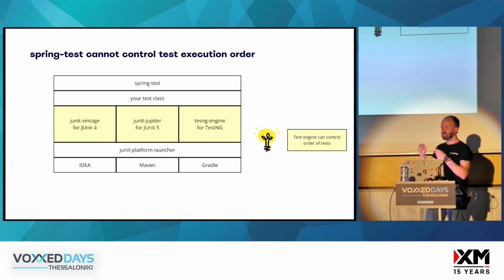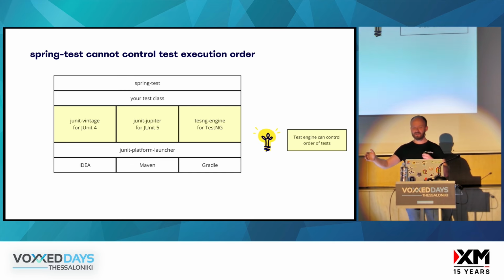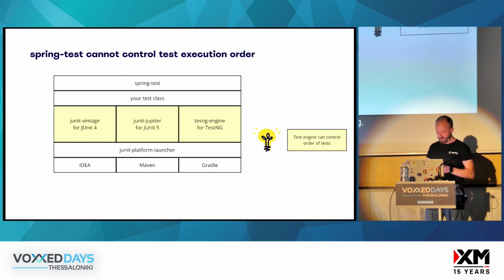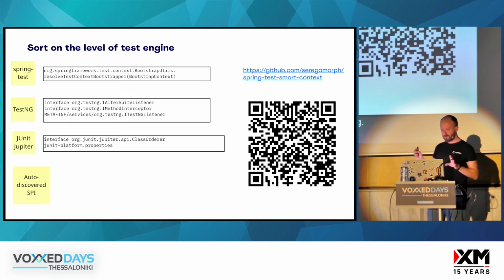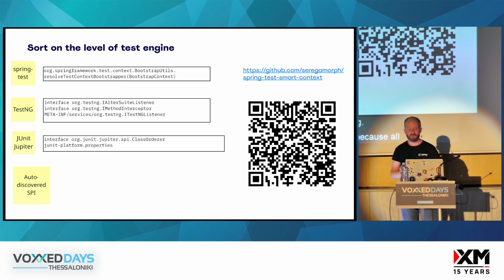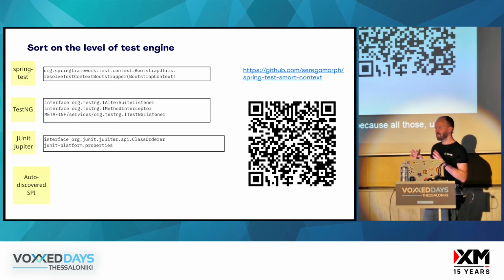But the test engine itself is not aware of Spring, quite the opposite. I don't want to dig deep into details because all of this you can find in our open source project. I just want to explain a few key things.